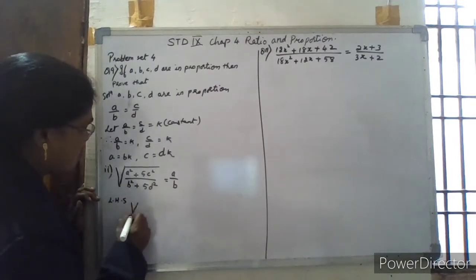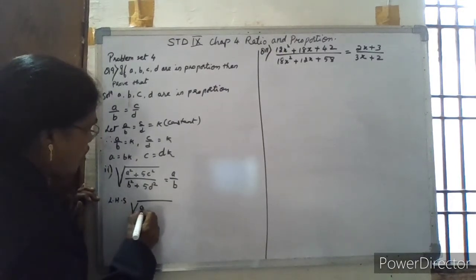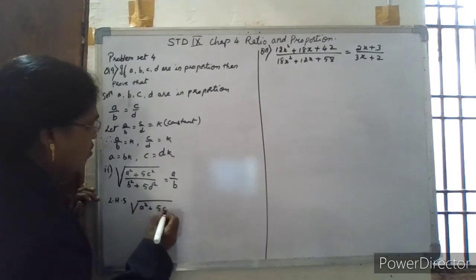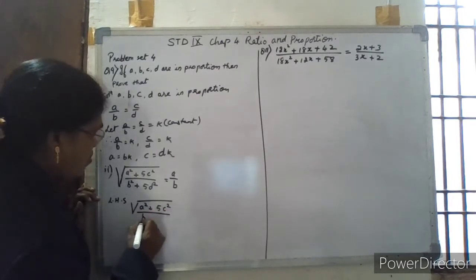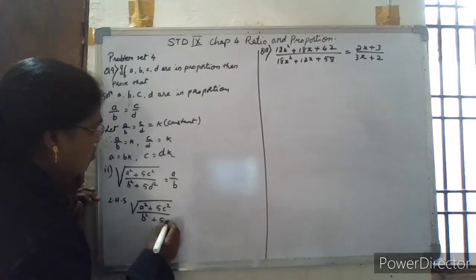That is root of A squared plus 5C squared upon B squared plus 5D squared.